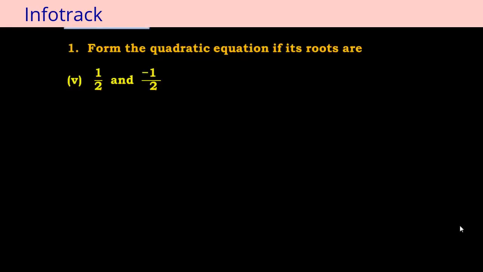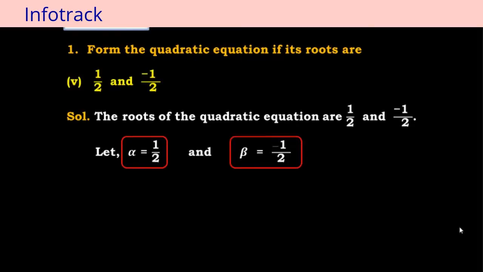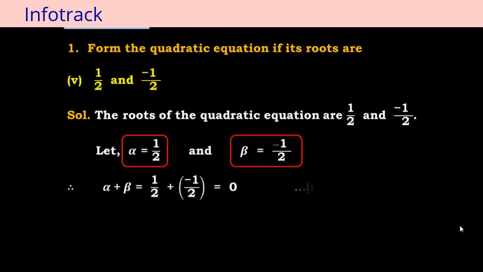See the next one. The roots of the given quadratic equation are 1 upon 2 and minus 1 upon 2. So let alpha is equal to 1 upon 2 and beta is equal to minus 1 upon 2. So we can write alpha plus beta is equal to 1 upon 2 plus minus 1 upon 2.